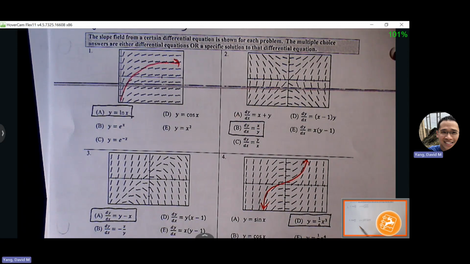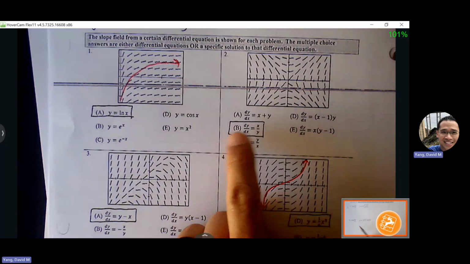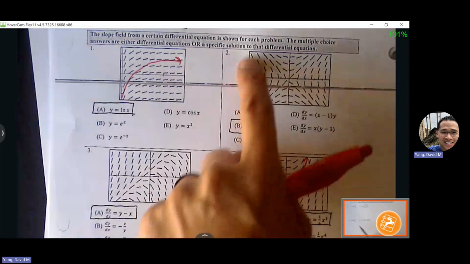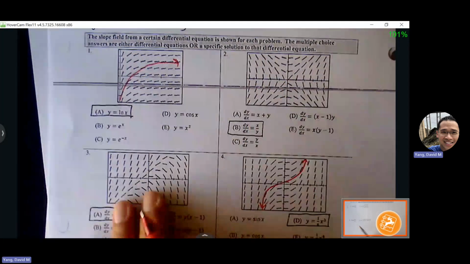For 2 and 3, though, we have to look at the collection of slopes and see if we can figure out what collection of ordered pairs put into the derivative will create this slope field.